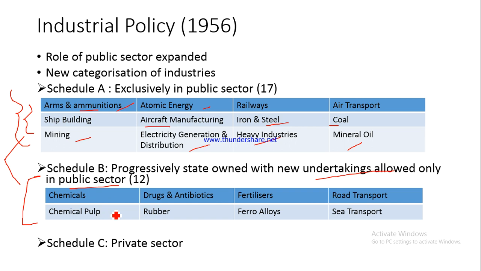Number one reason is that generally private sector enterprises are more interested in making quick profits. So naturally they are not going to invest in those kinds of sectors which have a long gestation period. And I have discussed gestation period earlier also, when we were discussing the public sector, private sector, cooperative sector, and so on and so forth, in probably unit 4. So naturally public sector enterprises will have to fill up this particular gap.